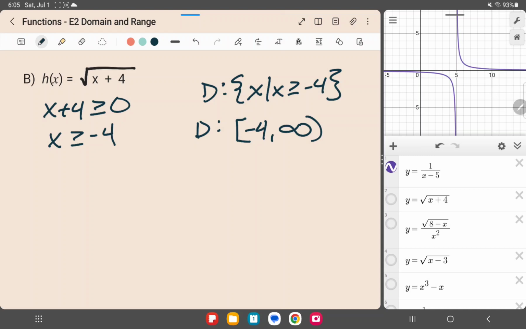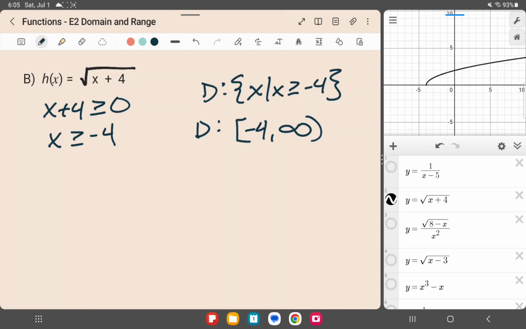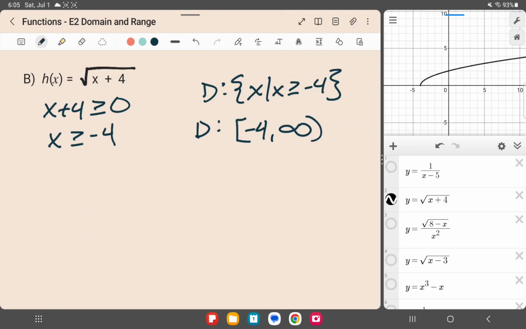And again, to get a sense of the range, we need to refer to the graph. So if I graph y equals the square root of x plus 4, I get this picture, and I can see that when we have x values that are greater than or equal to negative 4, this is going to result in y values greater than or equal to 0.